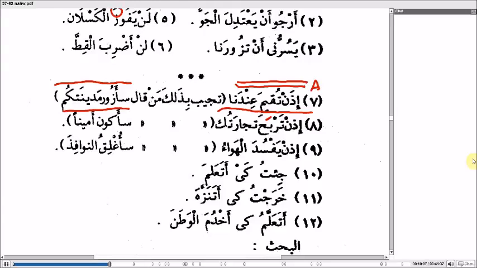Tarbah. It's going to profit. Idin tarbaha tijaratuk. Then your transactions are going to profit. They're going to bring you profit.